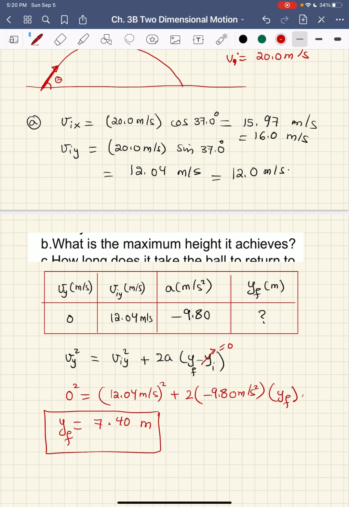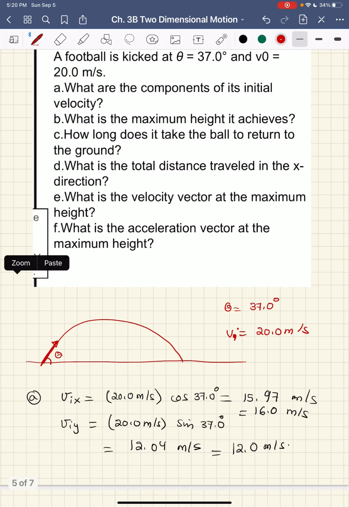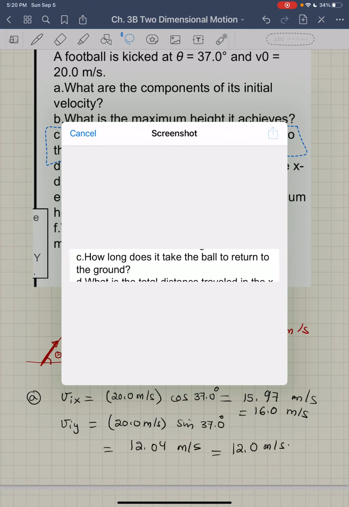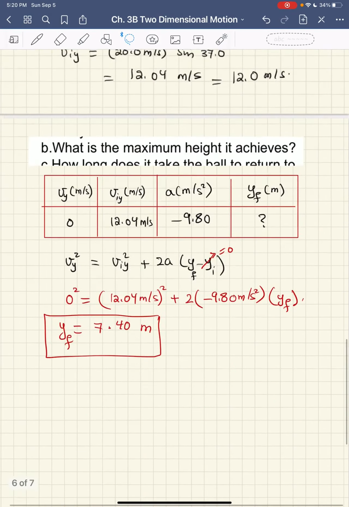Then this is the second part. Now the third one, okay, then I'm going to copy that here.